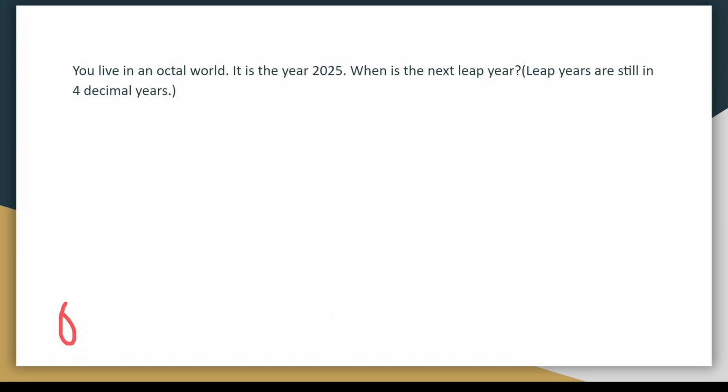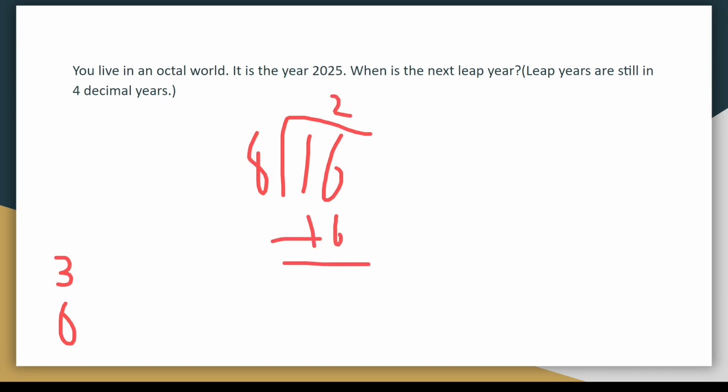Let's just write it from the bottom so that we can just say it top to bottom at the end. And our quotient was 16. So 16 divided by 8 is 2. Remainder is 0.